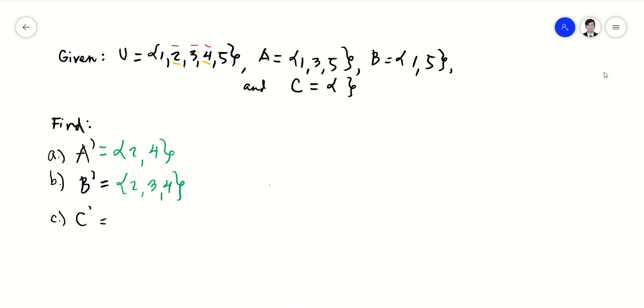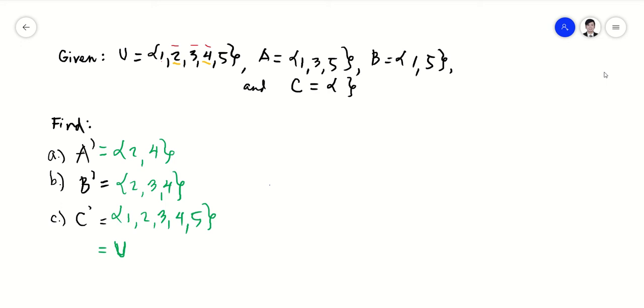That means all of the elements in the universal set are not in C. So therefore, our answer would be the entire universal set. Or you can just write the answer, which is U, because the entire set that you have here is just the universal set. So the complement of C is just the universal set.